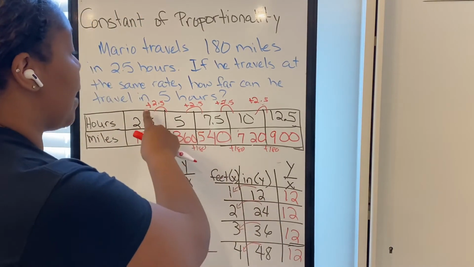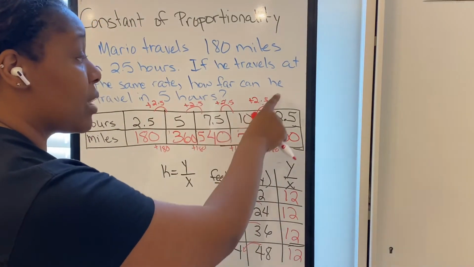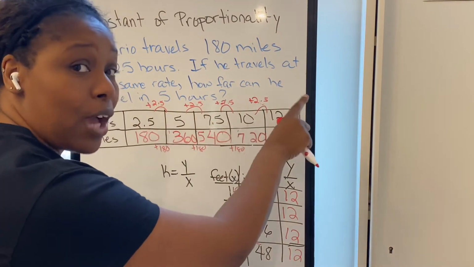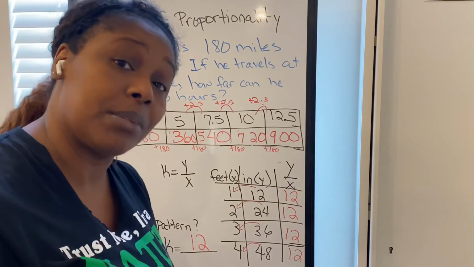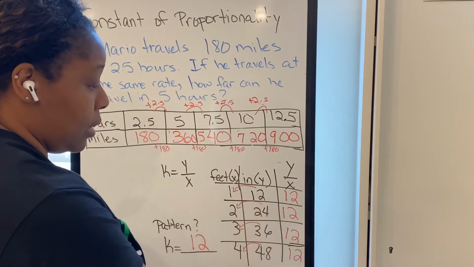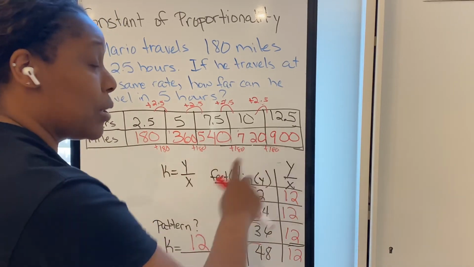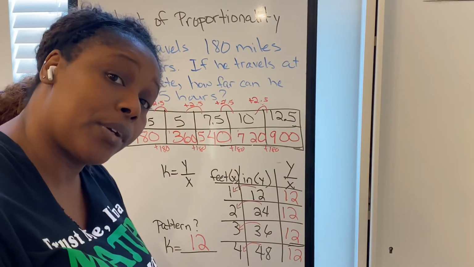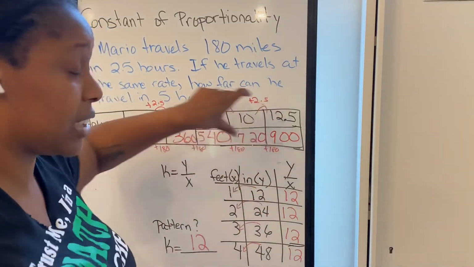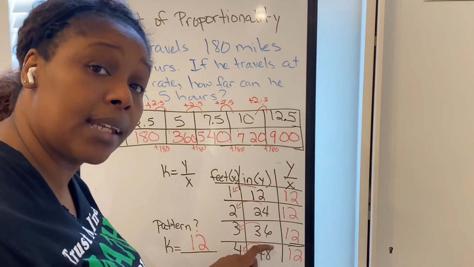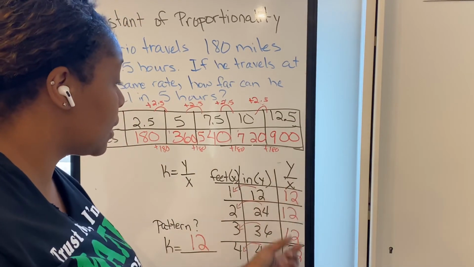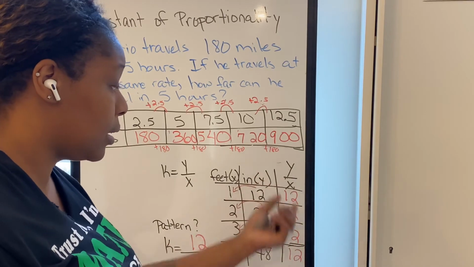However, everything in that part of the table that is going horizontal, all those X values are increasing by the same number. Same thing for my Y values. My Y value here, my Y value here, they are increasing by the same number. So that's how I can tell that, well, this is going to be constant, so this is fine. And then down here, my second example, this is fine because these are constant as well. So my constant of proportionality here is 12.